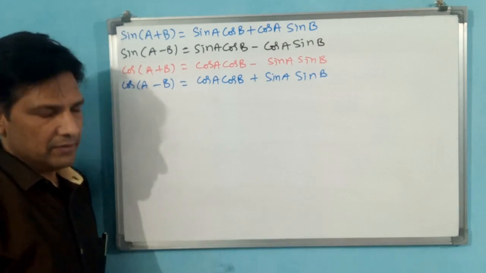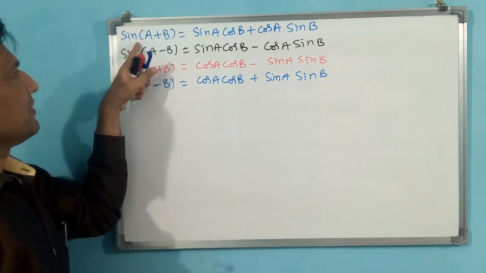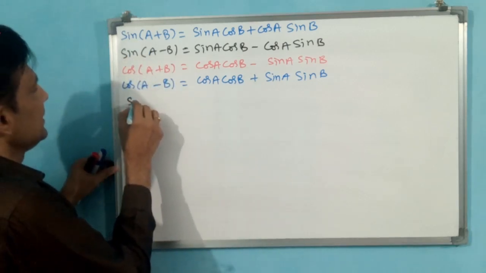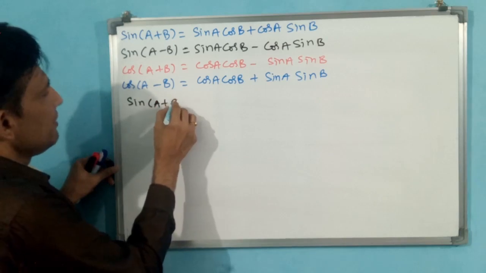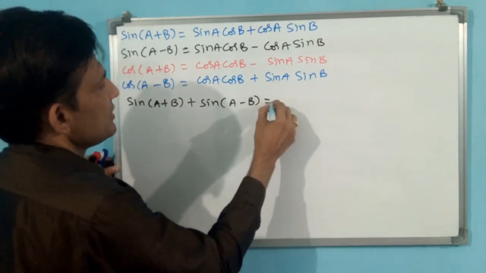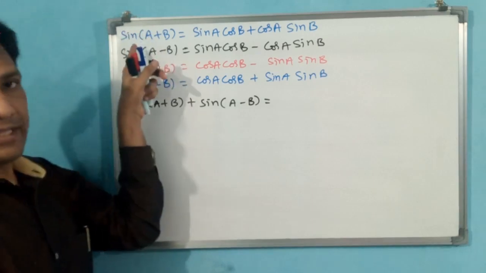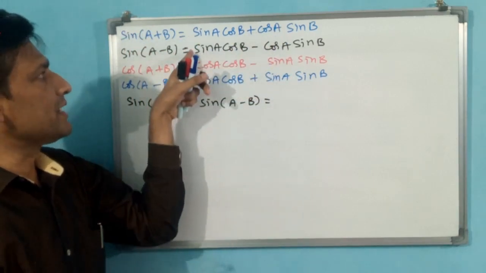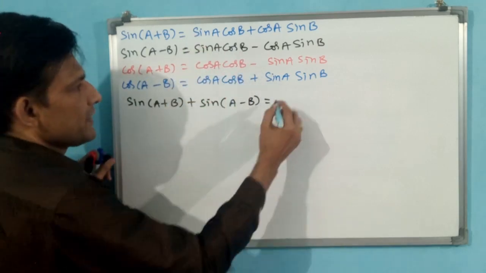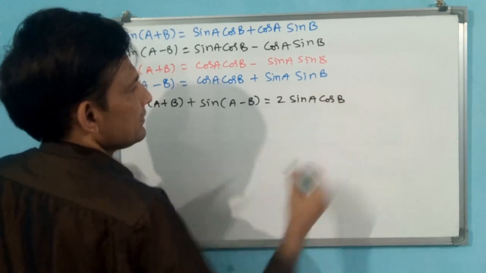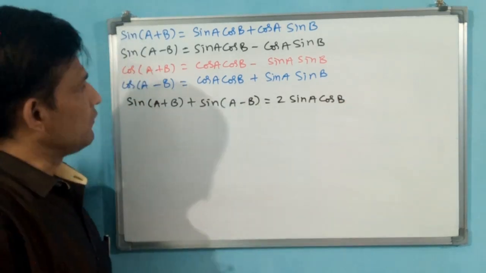Then we will add now. Sin of a plus b plus sin of a minus b is equal to, we are adding both, then plus and minus are going to get cancelled. We will get 2 sin a cos b.